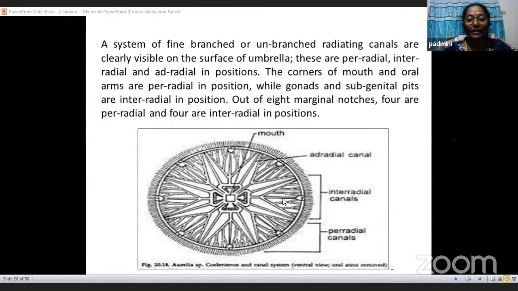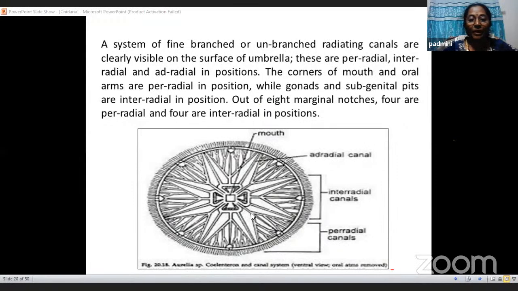All these 4 canals are called interradial canals. This canal, this canal, this canal, and this canal are the interradial canals. And opposite to these canals, on the corners of the mouth, you can see one more set of canals coming outside. So this is the corner of the mouth. So these canals are called perradial canals.